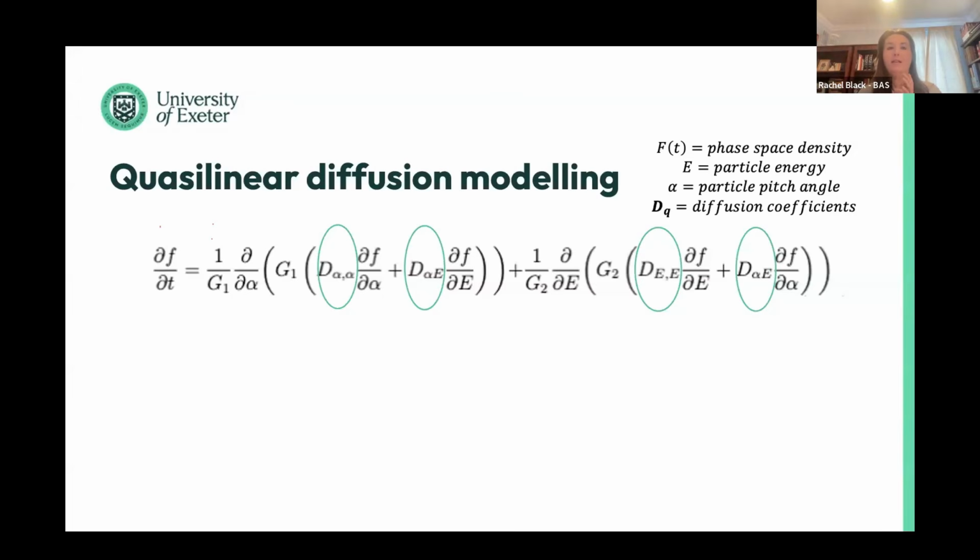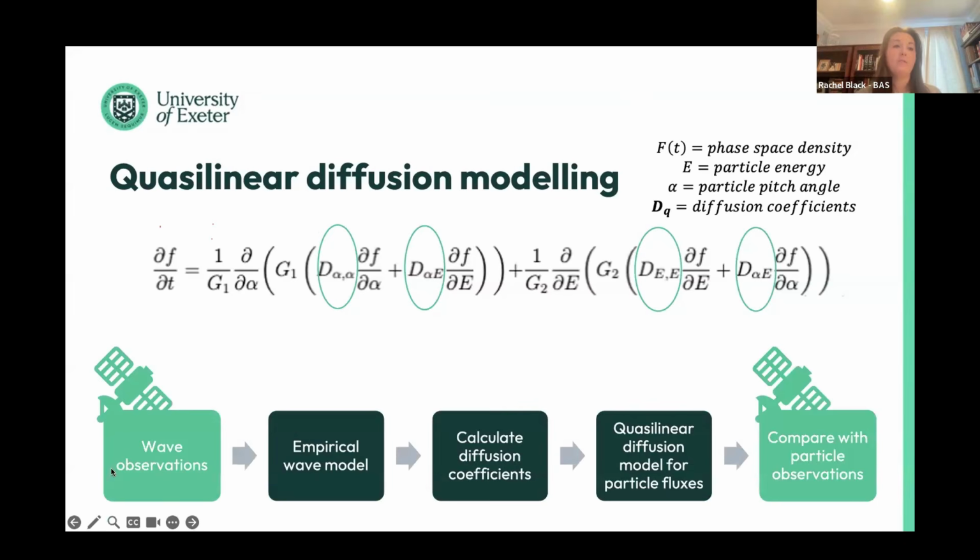Here is a very complicated, scary looking equation describing this quasi-linear diffusion. But what I want you to focus on is the diffusion coefficients circled here, which are the part of the equation into which all of the physics describing these wave particle interactions is fed.